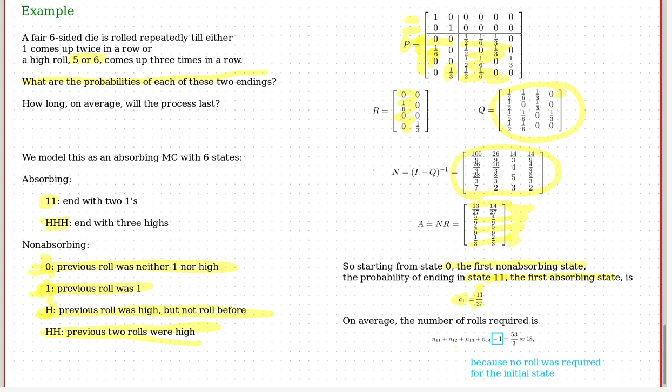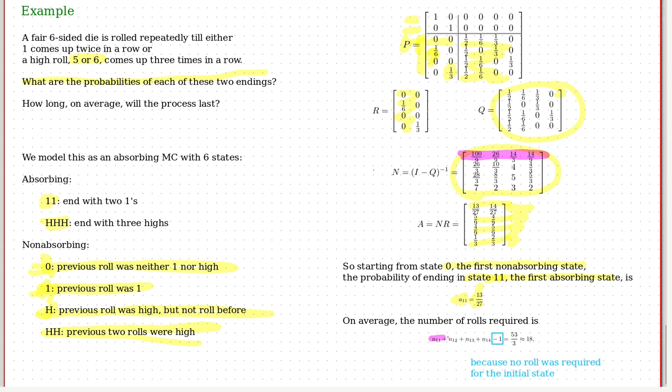The second question was, how long on average will the process last? So once again, I said, let's look at all the entries in the first row of the N matrix, right? Those are all the number of visits we make to all the non-absorbing states, assuming that we started in the first non-absorbing state, right? And that is the starting situation where we have no streaks going on.